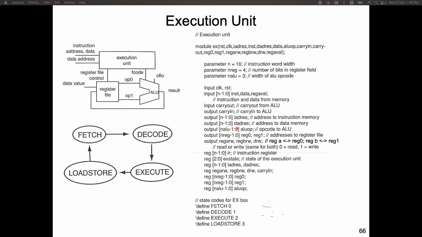The data address is an output, a 16-bit pointer pointing to the address of data memory. And the output operation code is the operation code of the ALU, to select the operation in the ALU.